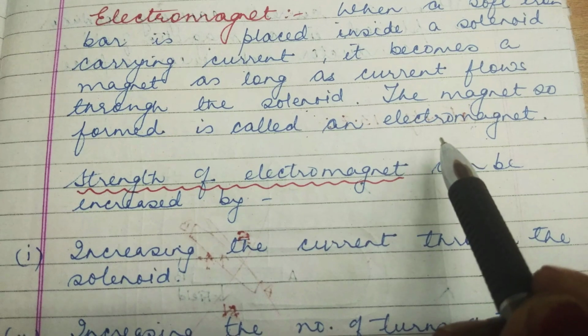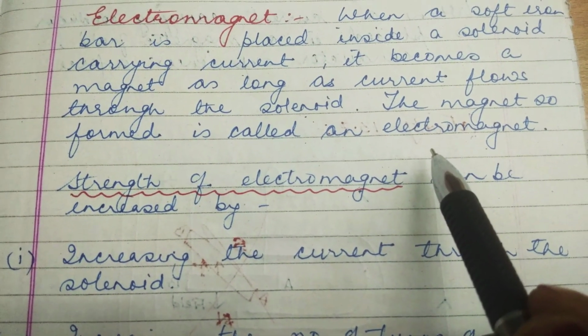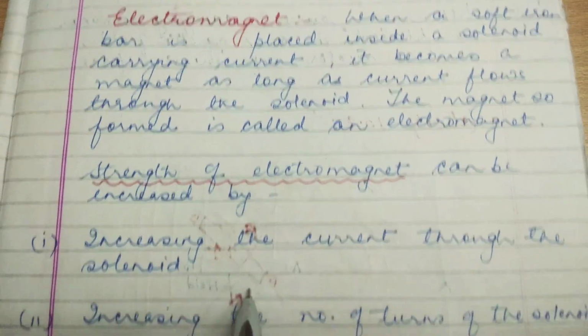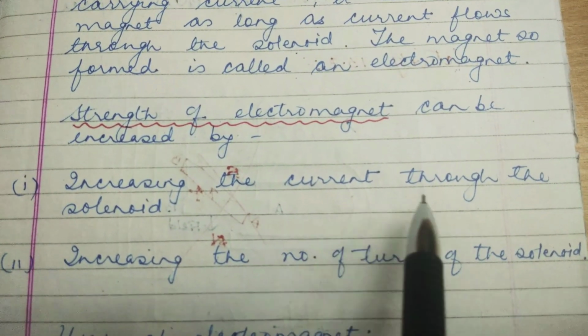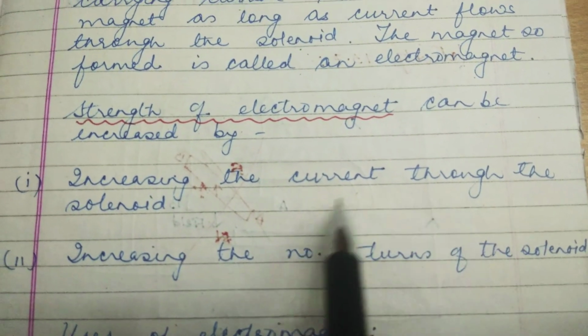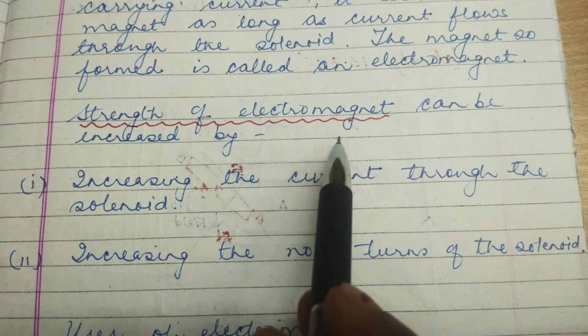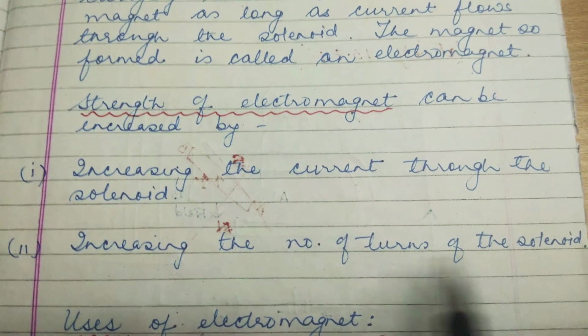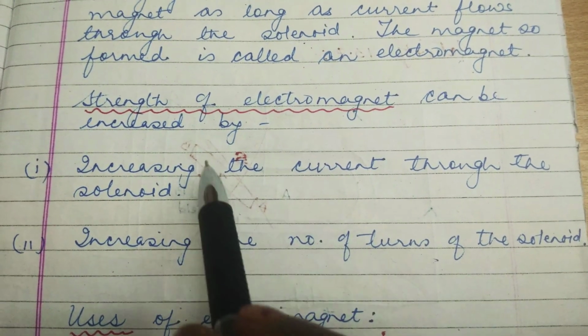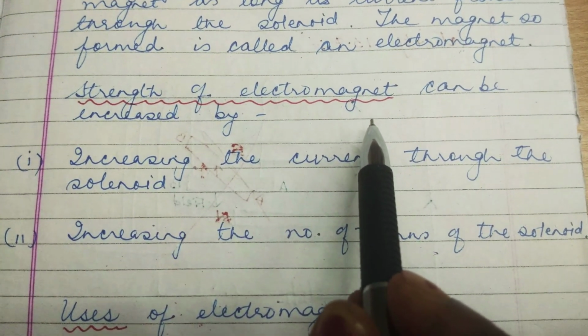Now, how can we increase the strength of electromagnet? The strength of electromagnet can be increased by increasing the current through the solenoid. That is, more the current, more is the strength of electromagnet, and by increasing the turns of the solenoid. More the turns of the solenoid, stronger is the electromagnet.